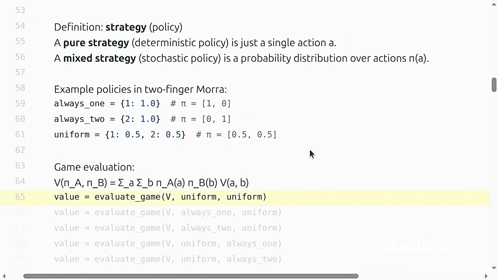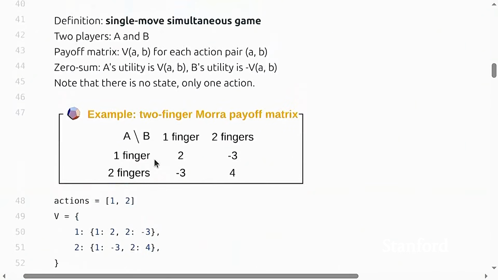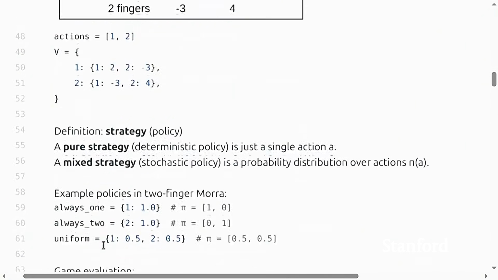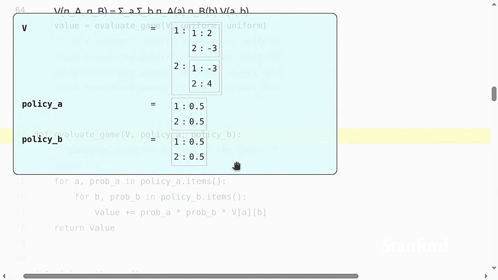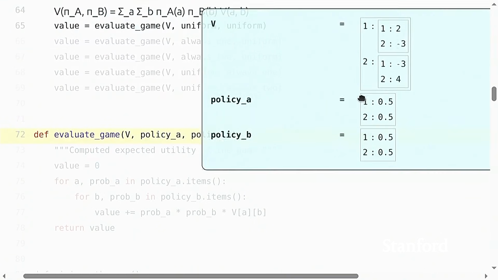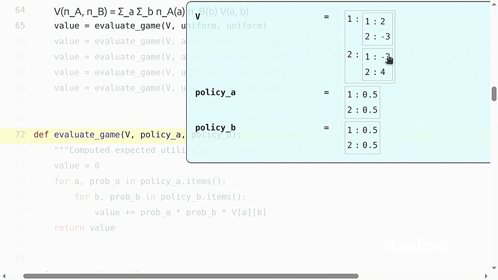So in code, I have this payoff matrix, V, that I'm going to pass in with, let's say, the uniform policy for both players. This is what I'm going to get. So I have this payoff matrix, I have two policies, and then this is pretty straightforward.